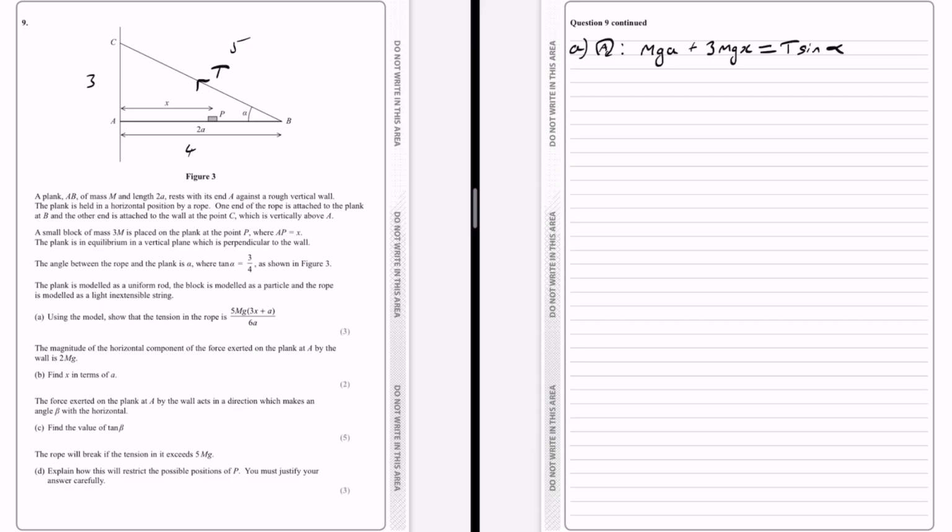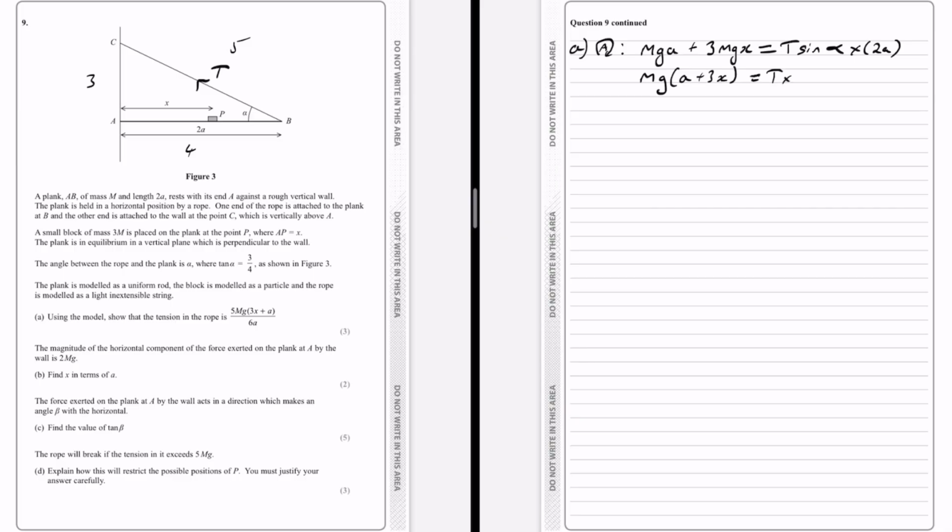That's going to be equal to the tensional force on the rope acting in the opposite direction, so T sine alpha times by 2a, the distance from the pivot point. I'm going to factorise mg out to the left-hand side, so mg lots of a plus 3x.